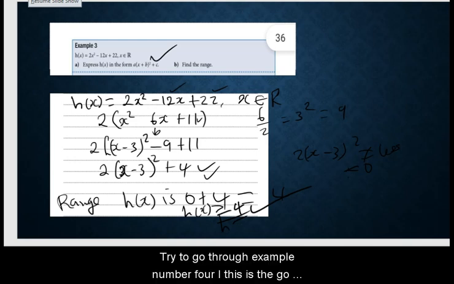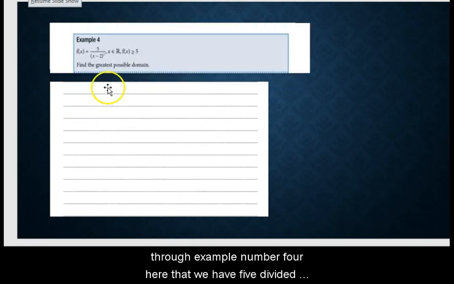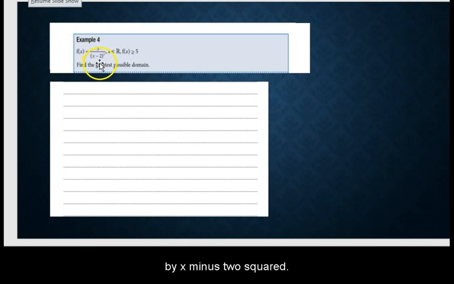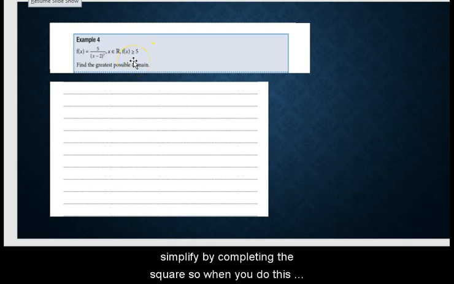Try to go through example number 4 here, that we have 5 divided by x minus 2 squared. First of all, you will try to remove this fraction and then simplify by completing the square.